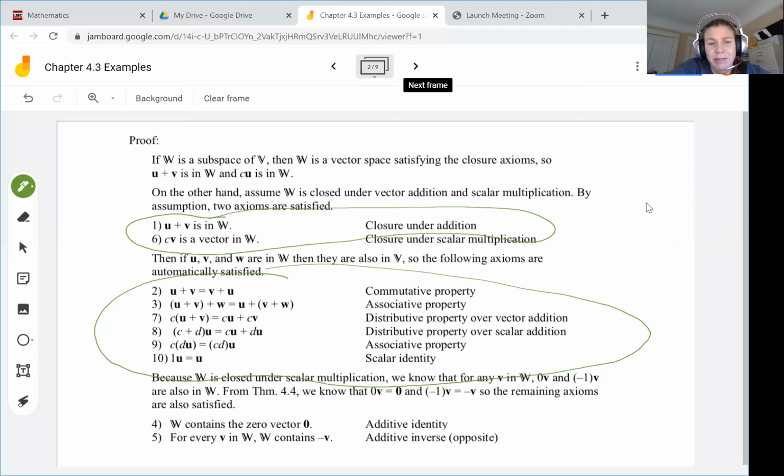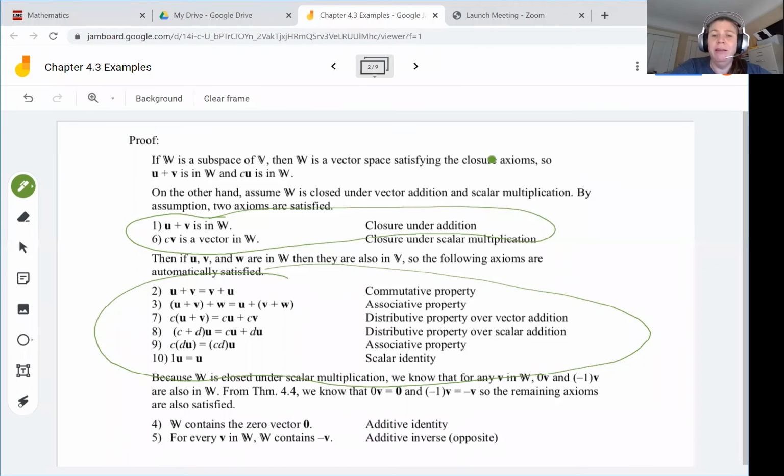So because W is closed under scalar multiplication, we know that for any V in W, 0 times V and -1 times V are also in W. So from theorem 4.4 back in the earlier videos, we know that the 0 scalar times vector V is the 0 vector.